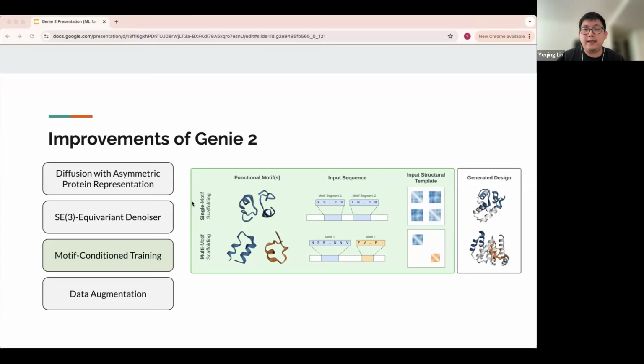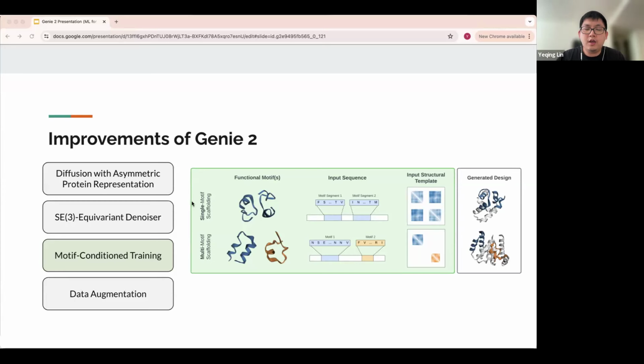At each training step, we sample a structure from our data set, and then we generate a set of motif segments out of it, which are provided as motif to the model, and the model is required to recover not just the motif and scaffold, but the whole protein as a whole.